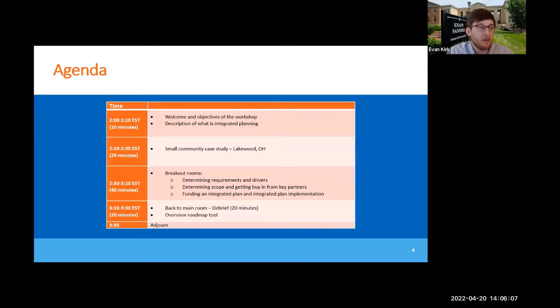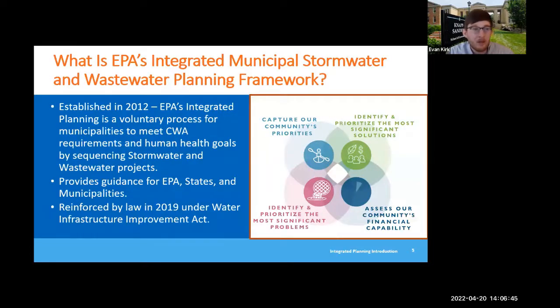We're going to come back to the main room for a 15 minute debrief, and then I'm going to show you a tool that the EFC is developing that we're hoping will help folks identify targeted resources for your specific situation when getting started with integrated planning. It will also help the EFC at UNC, the EFC at the University of Maryland, and the Water Center at the University of Pennsylvania identify communities that may be great candidates for direct assistance. We'll discuss that a couple more times, but with that, I'll turn it over to my colleague, Robin DeYoung at EPA.